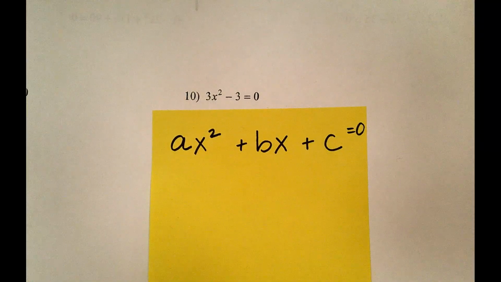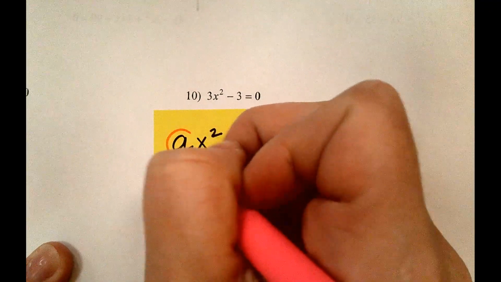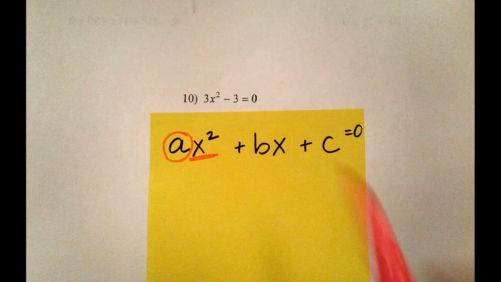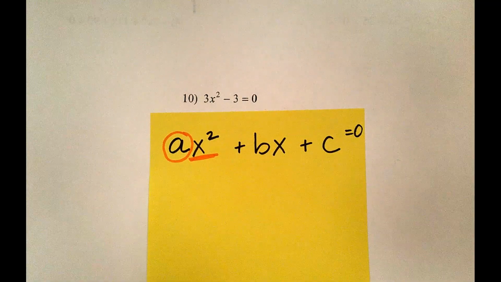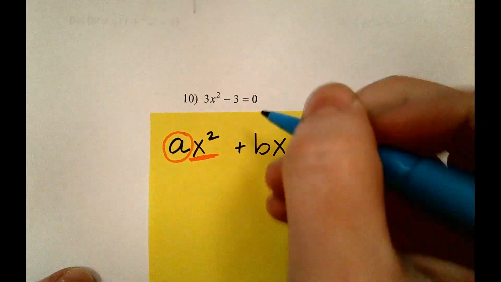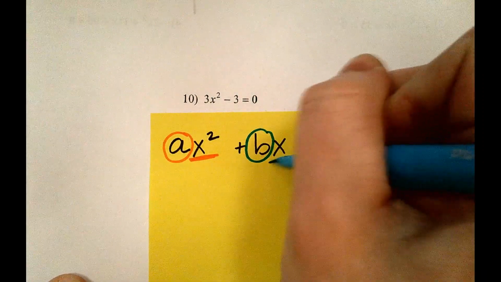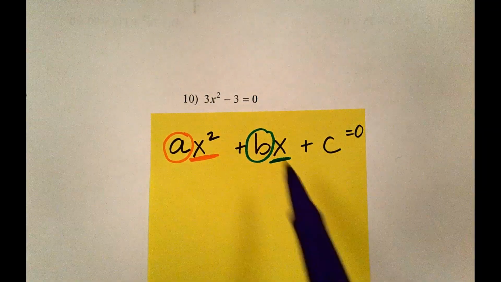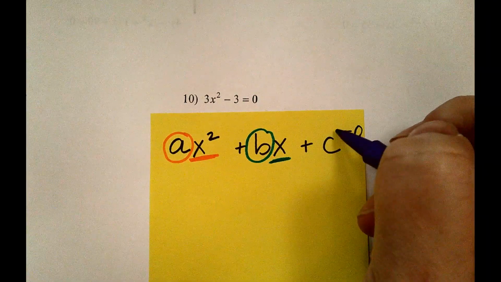Whenever we start our problem, the very first thing we always do is identify A, B, and C. A is always right beside x squared. B is always right beside x. And C is always by itself, no x.